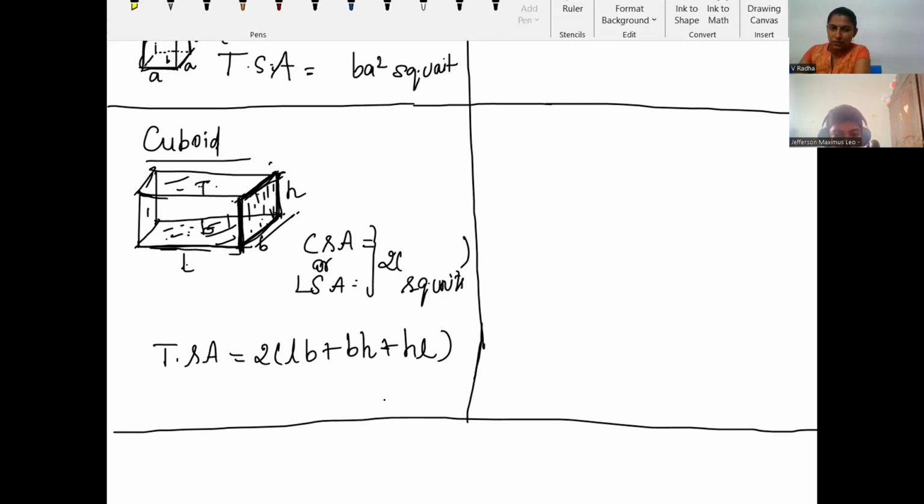The total means all 6 faces are covered: 2 times LB plus BH plus HL.